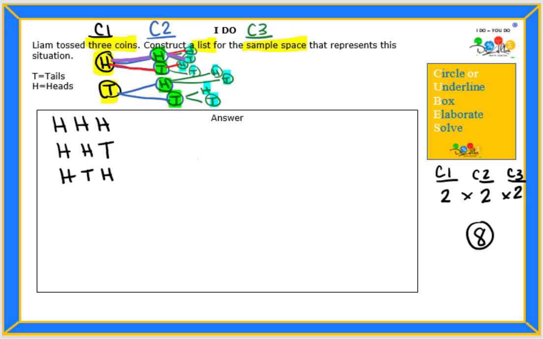So now I'm going to use my purple, and I start at heads again, but I go to tails again. But this time from tails, I go to tails. So it's heads, then tails, then tails. Okay, so that's my first 4. And then the second set is going to start with tails. So I go from tails to heads to heads.